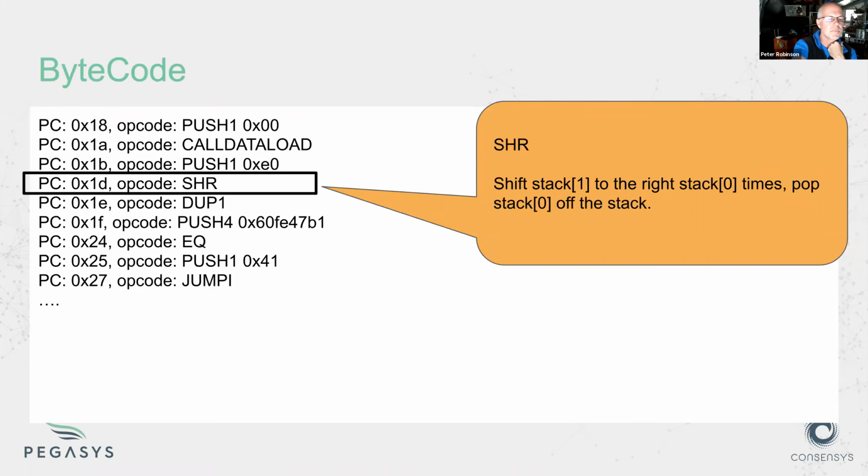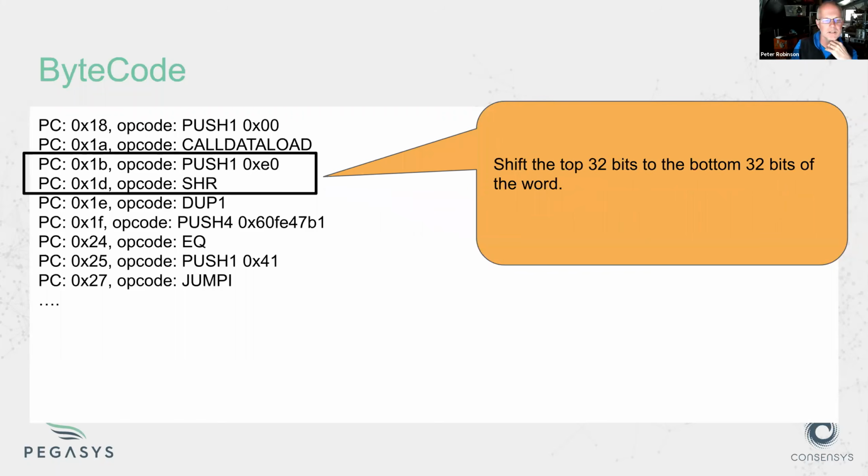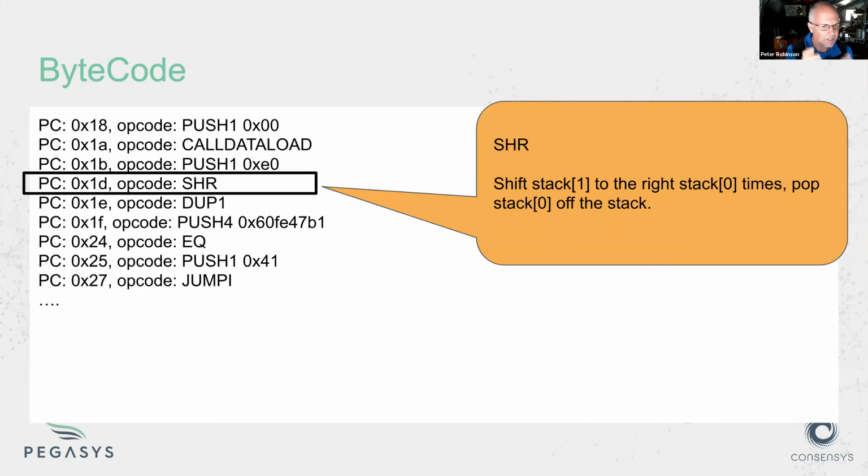Sorry, I should have had a little diagram here saying what was on the stack. CallData load has loaded up the first 32 bytes of the CallData.